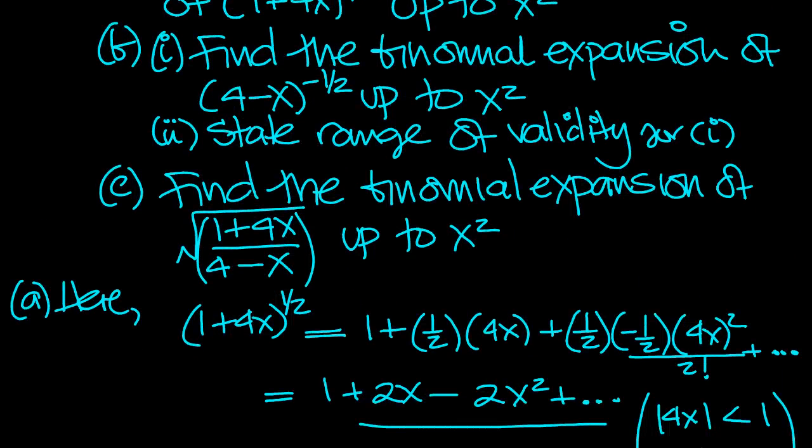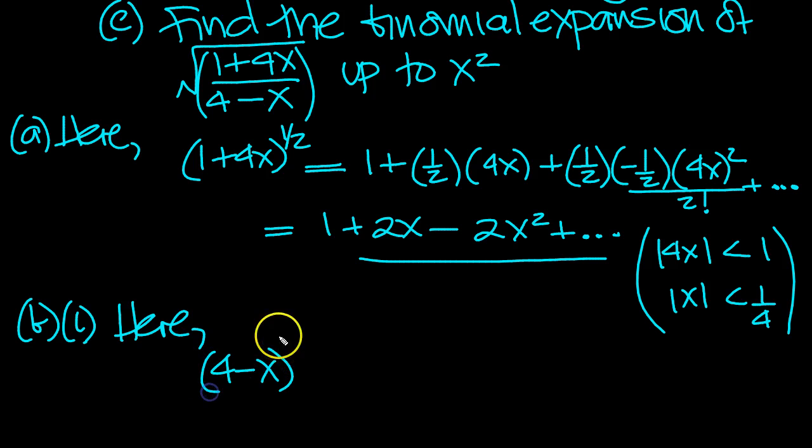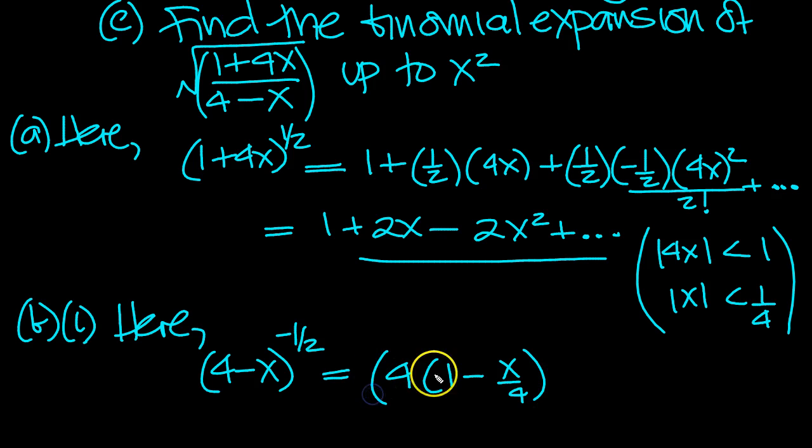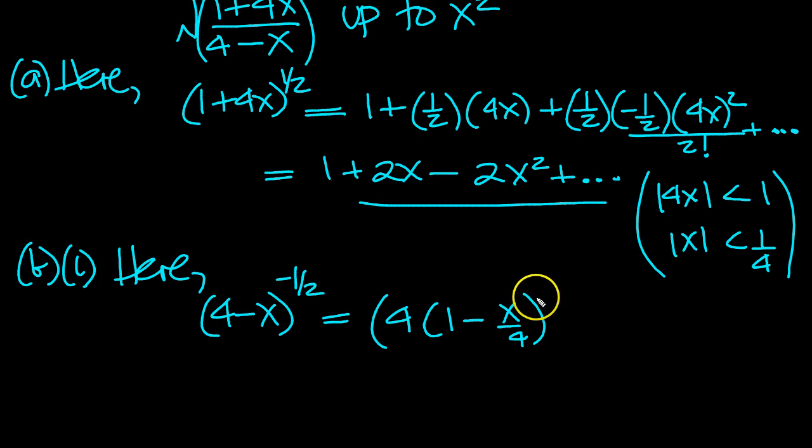So B, find the binomial expansion of this then, (4 − x) to the minus a half. I'm going to take the 4 out, and it's 1 − x over 4, and that's all to the power minus a half.